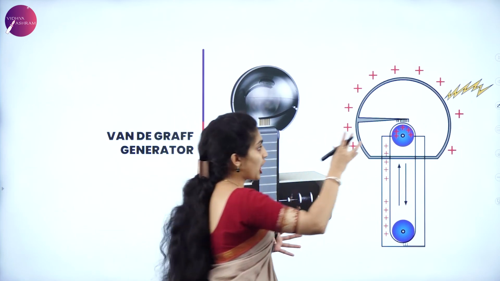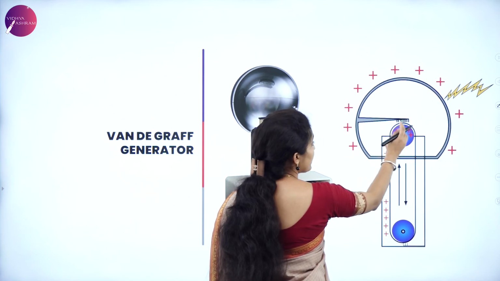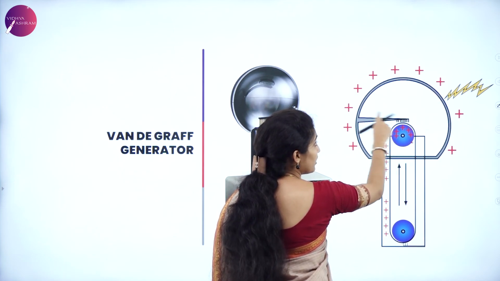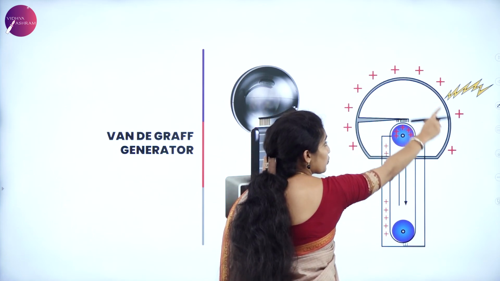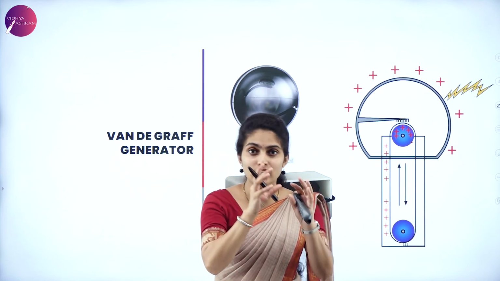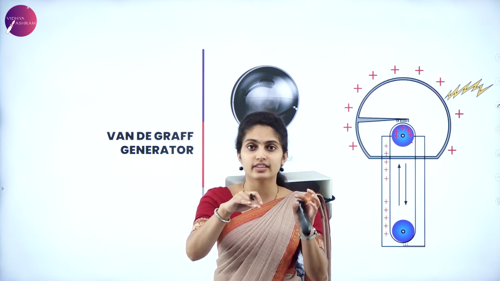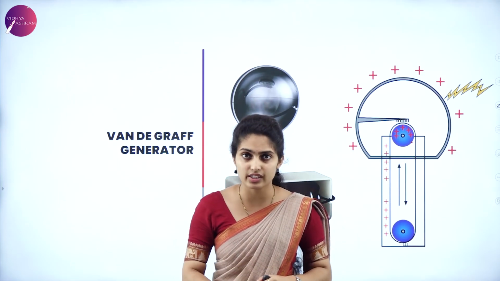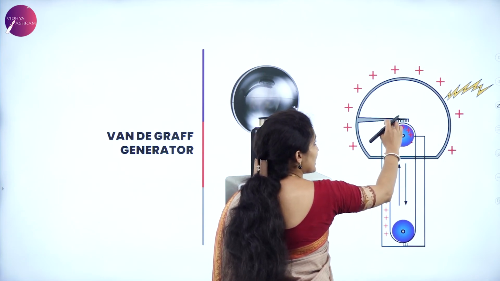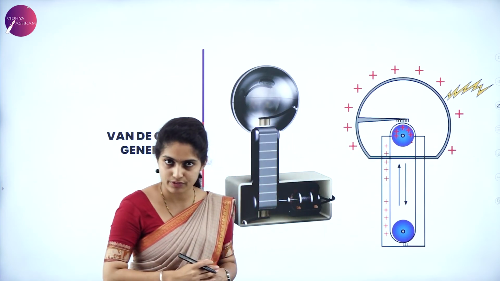When the small charged conductor is brought in contact internally, with the help of a brush, with the external hollow conductor, the charges present in the small conductor are transferred through that connection, which is a brush kind of structure.